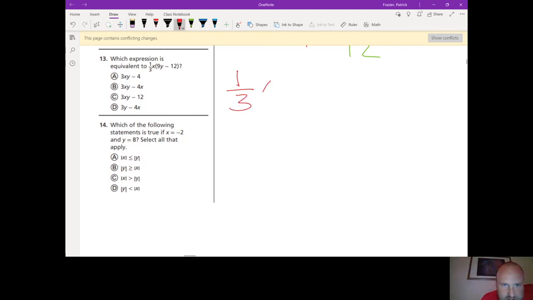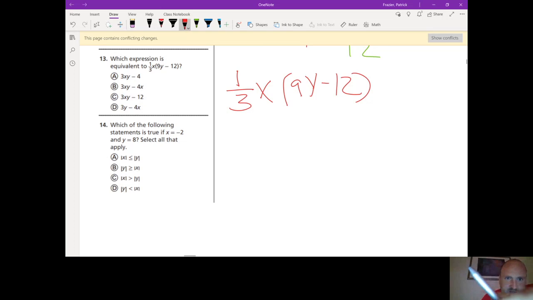Problem 13 says 1/3 x times 9y minus 12, which expression is equivalent to 1/3 x times 9y minus 12. So we're using the distributive property, meaning, I'm using blue, we'd go like this, and then we'd go like this.